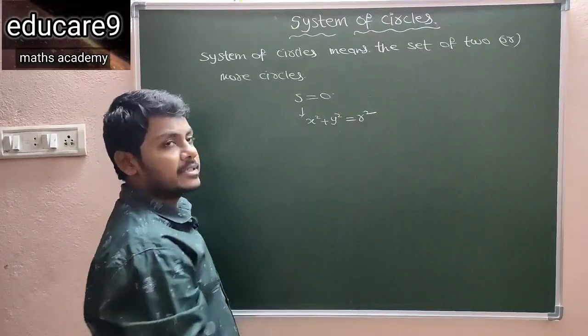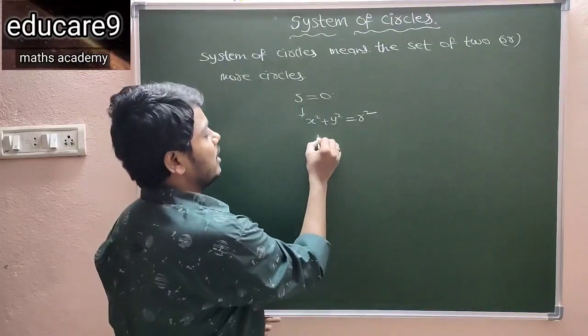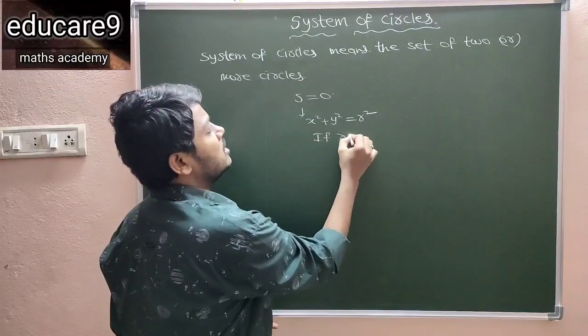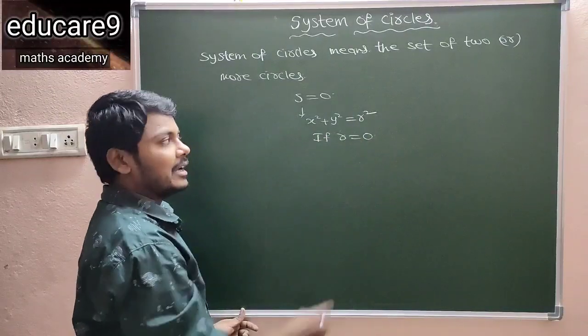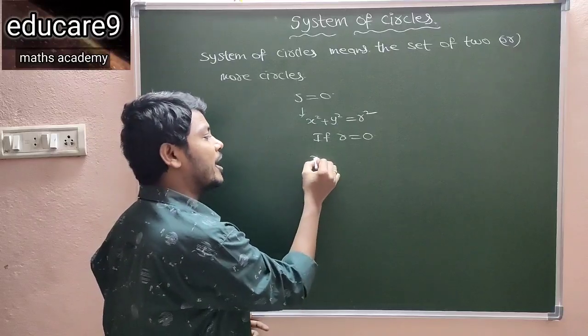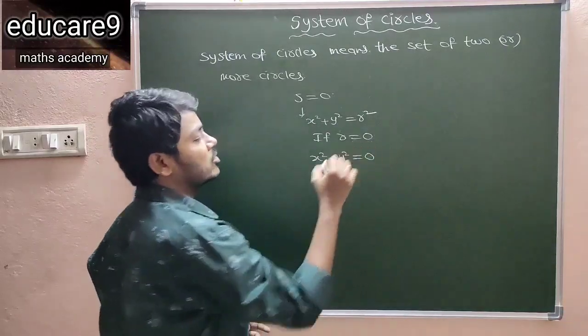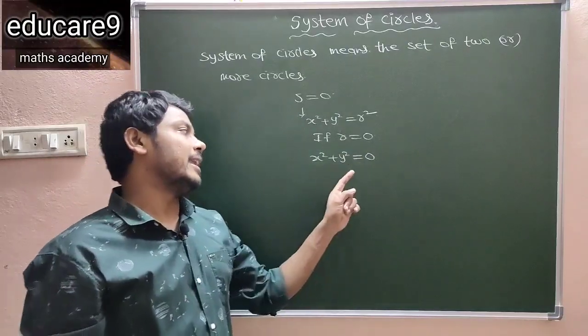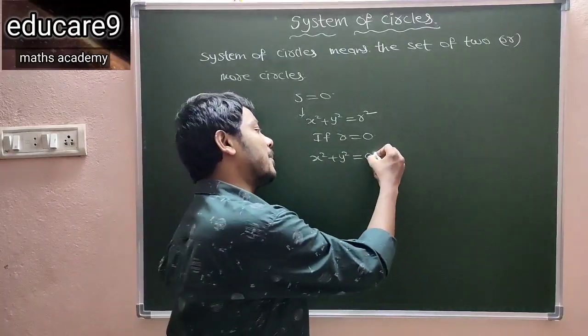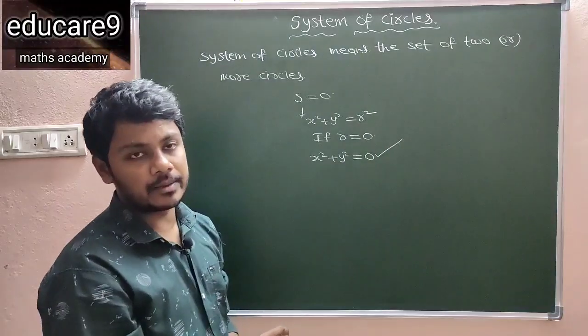So clearly this is a circle. If r equals 0, then clearly the circle represents a point circle, that is x square plus y square equals 0. Because the radius is 0, this type of circle is called a point circle.